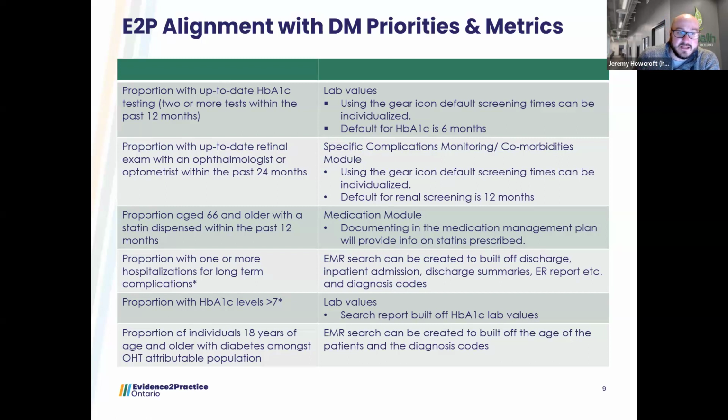We do our best to really understand what some of those goals and priorities are to improve the quality of care for a particular patient, and make sure that we're able to articulate and to map out where it is within the tool and how we are addressing those pieces. So that's really what this slide and what this table is hoping to illustrate.